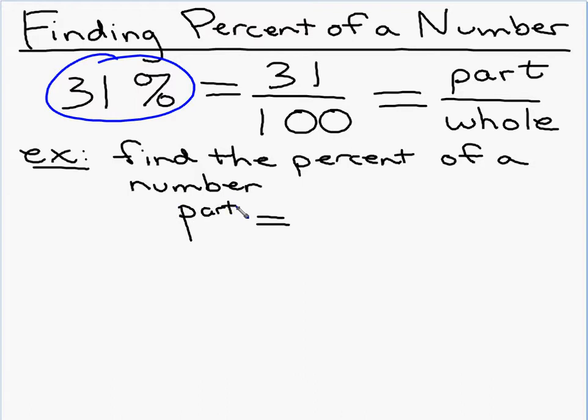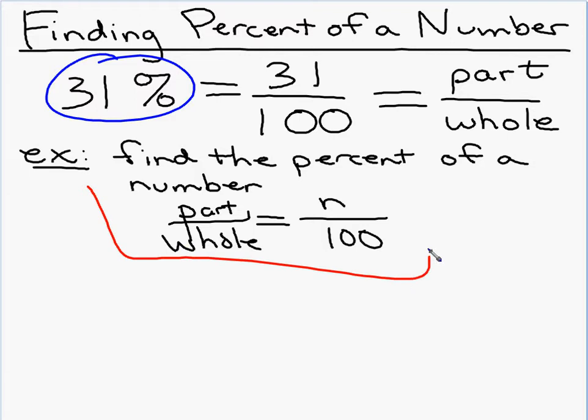It's a very simple equation. Part to whole equals n to 100. And put a big box or something around that in your notes, because that's the relationship we're going to use over and over again when we are solving percent problems. Part to whole equals n to 100.